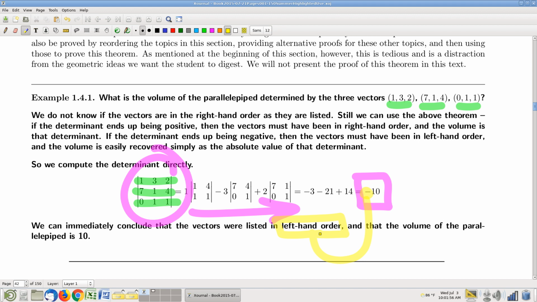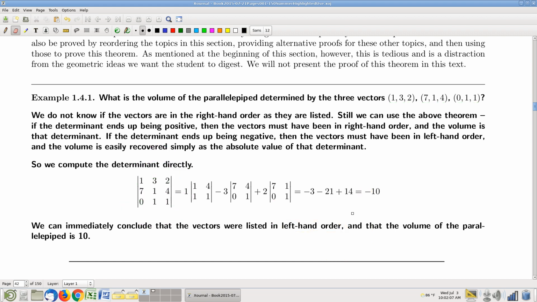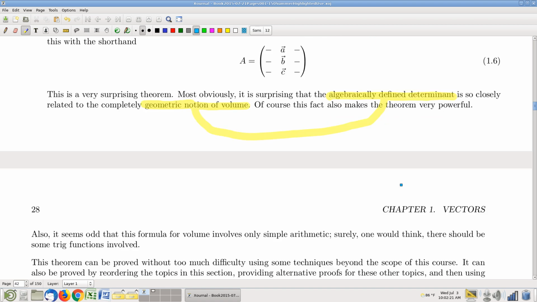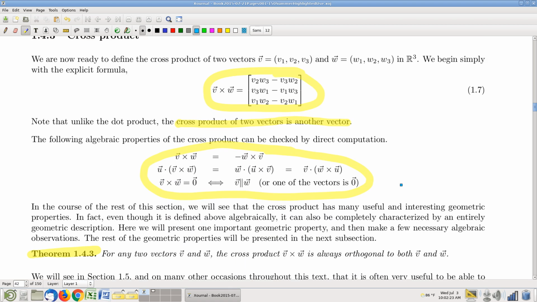The determinant has a pretty cool geometric connection there. Everybody happy? Okay. Likewise, the original question: what's the volume of the parallelepiped? Well, the volume is the absolute value, which is 10. Okay, moving along.